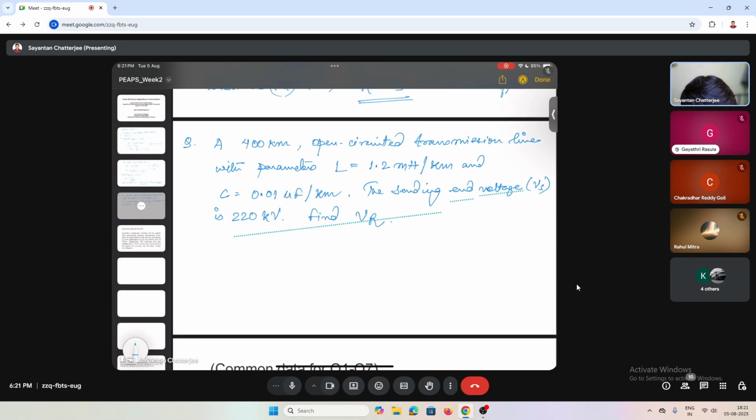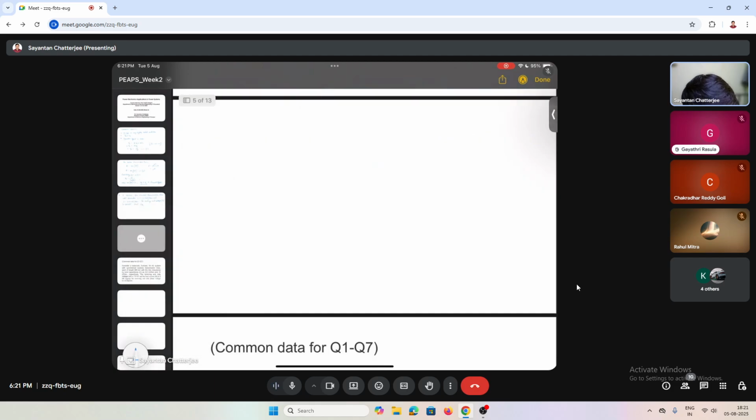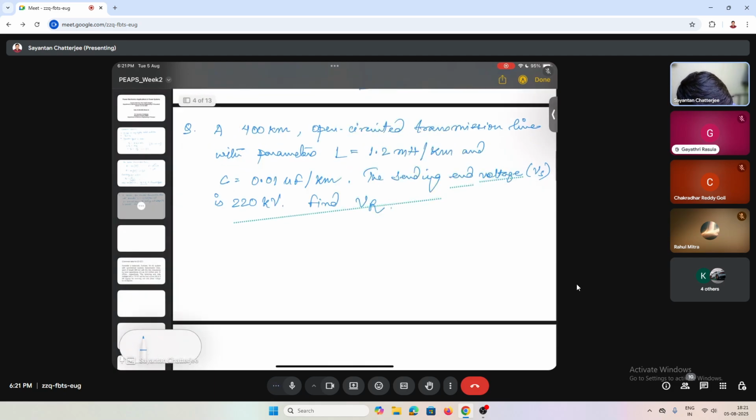To find out Vr, with the given values of L and C for a lossless transmission line, what can we calculate? ZC and beta.